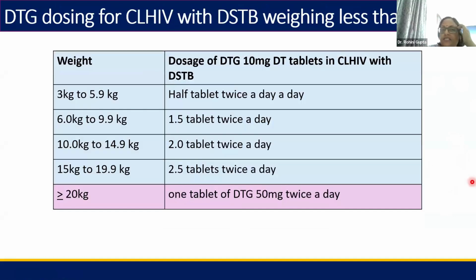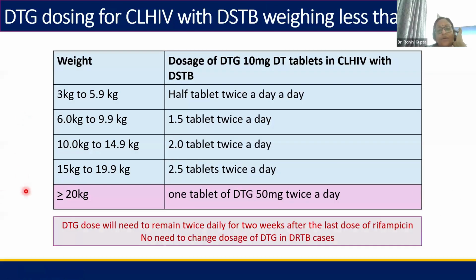What would be the DTG dosing for children with HIV TB co-infection? Remember that only in drug sensitive TB do we double the dose. So DTG dose will double only when we are giving it along with rifampicin, because rifampicin has interaction with DTG and rifampicin reduces the DTG blood levels.